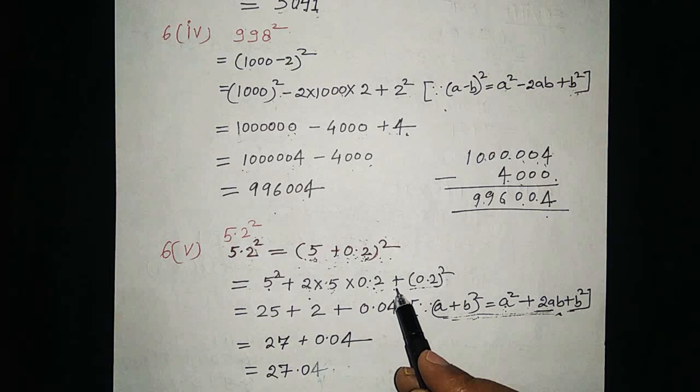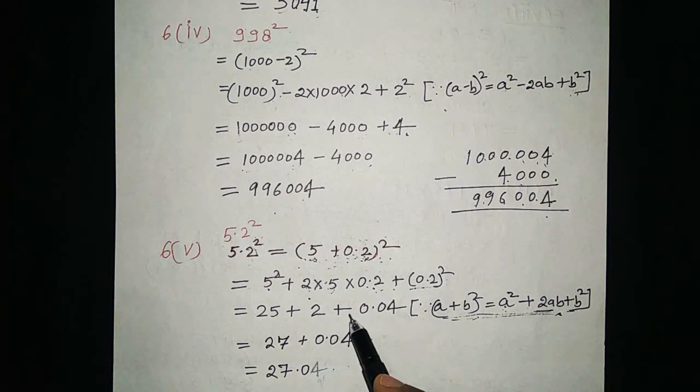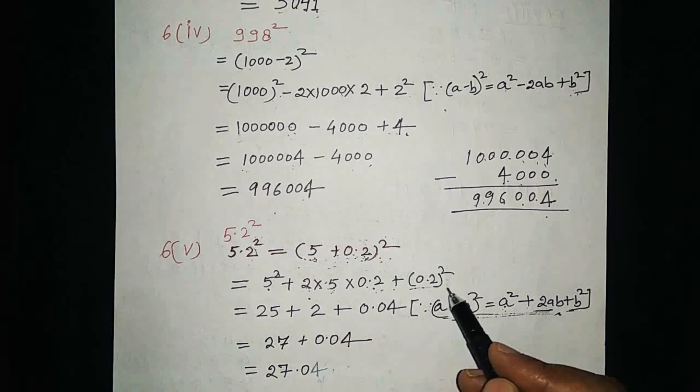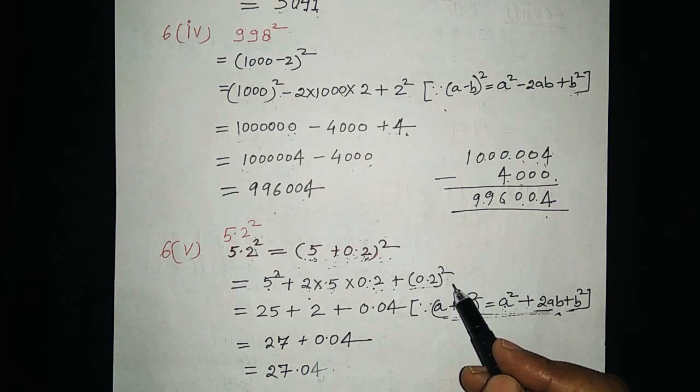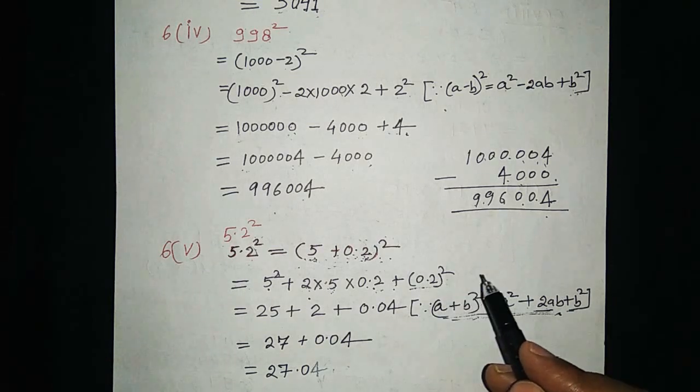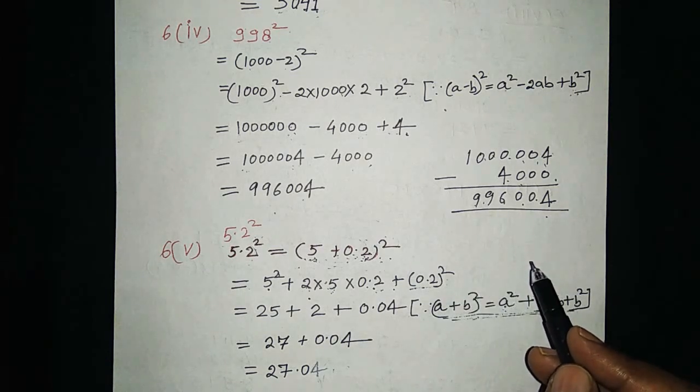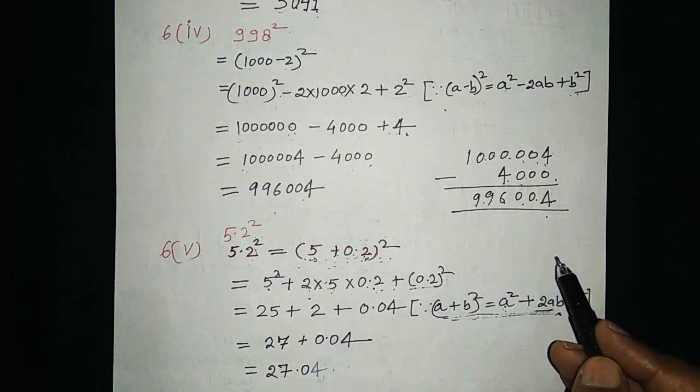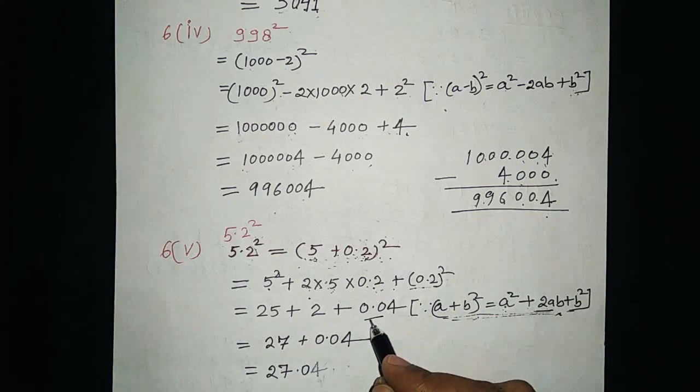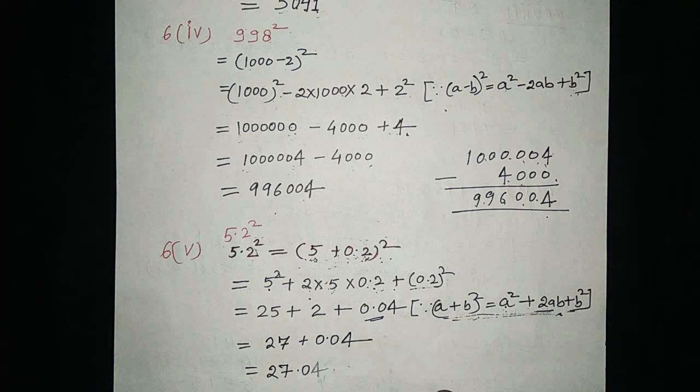Okay, then here plus, and for 0.2 square you can write 0.2 into 0.2, and if we multiply 0.2 into 0.2 we will get 0.04.